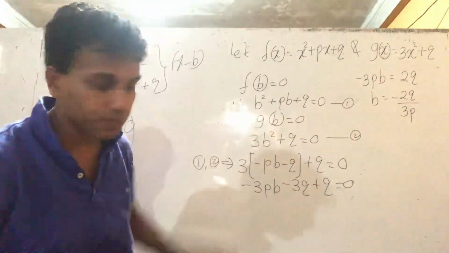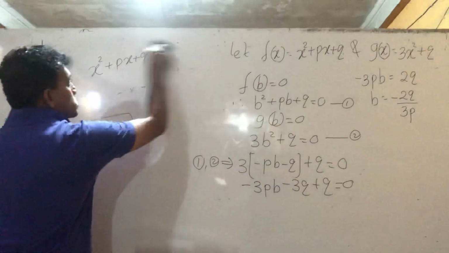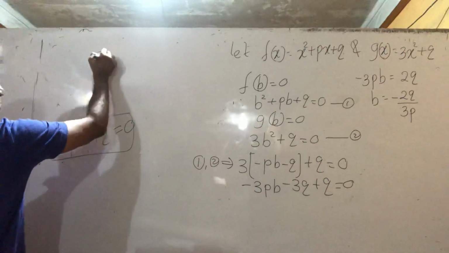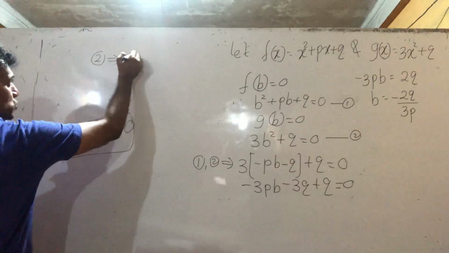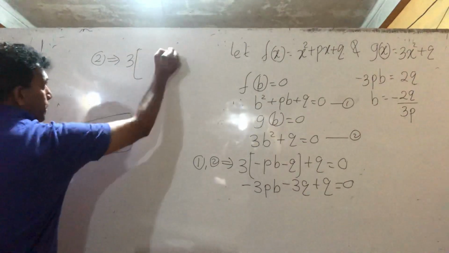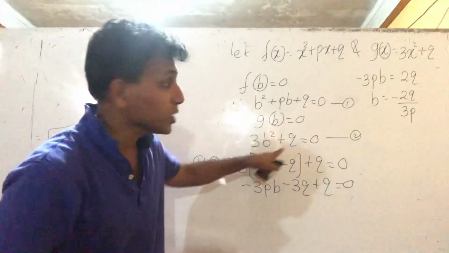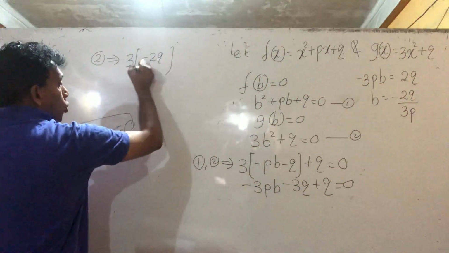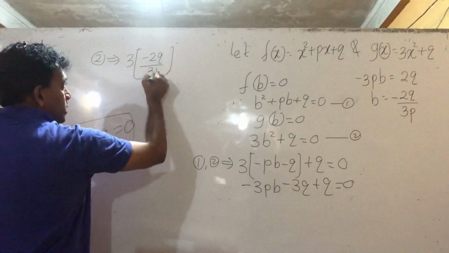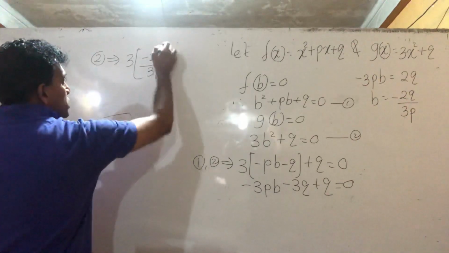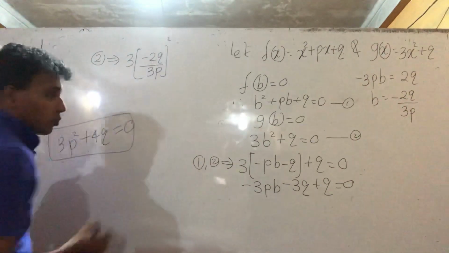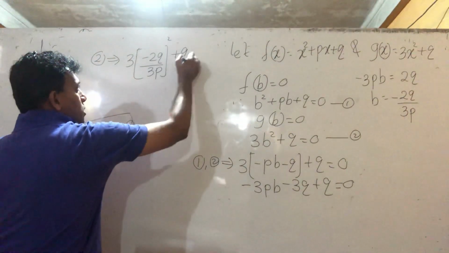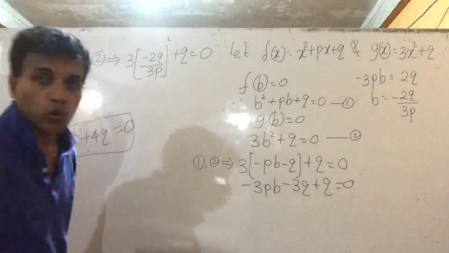Let's substitute there. So second equation: 3b square, and what is b? Minus 2q over 3p, squared, plus q equals 0.